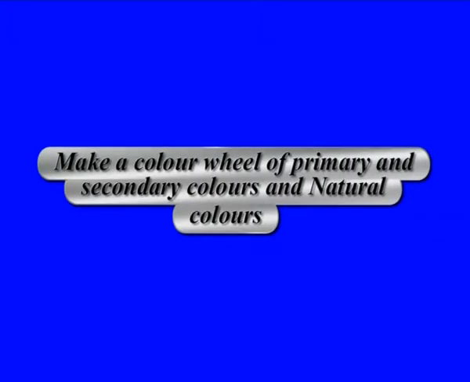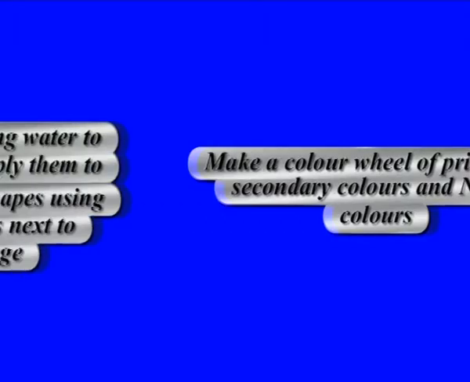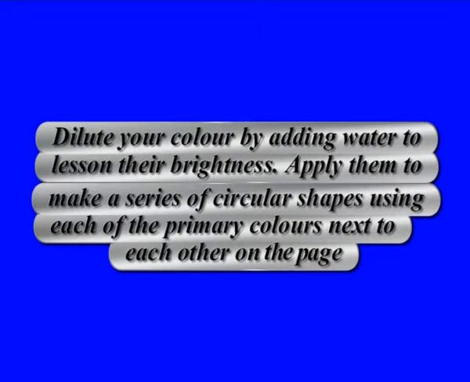Make a color wheel of primary and secondary colors and natural colors. Dilute your color by adding water to lessen their brightness. Apply them to make a series of circular shapes using each of the primary colors next to each other on the page.